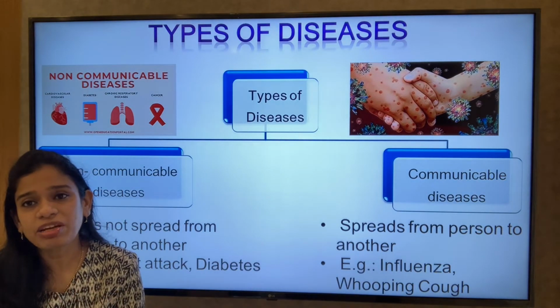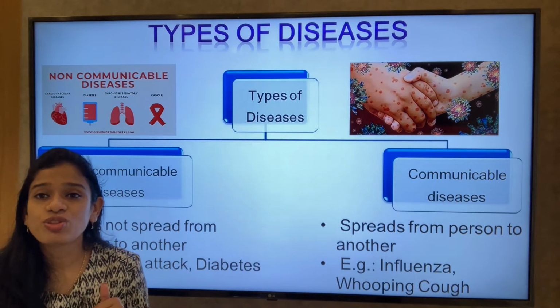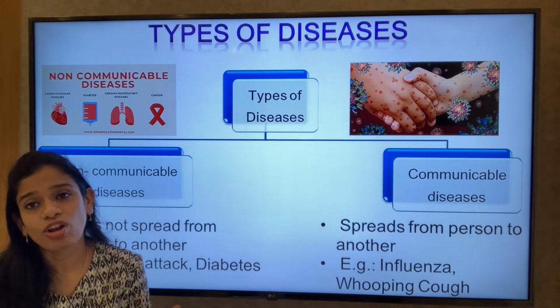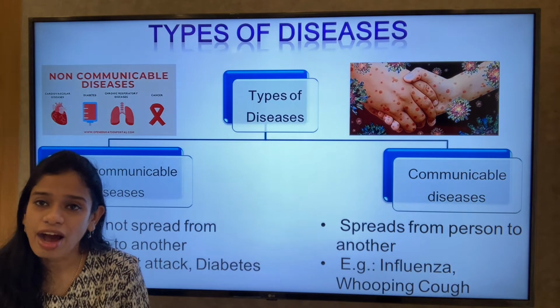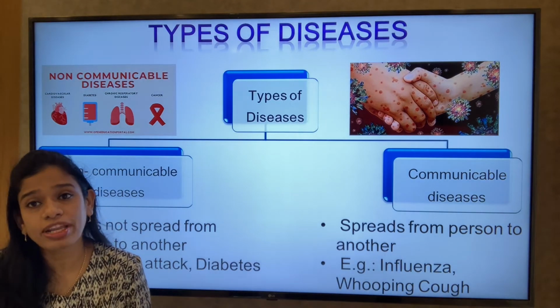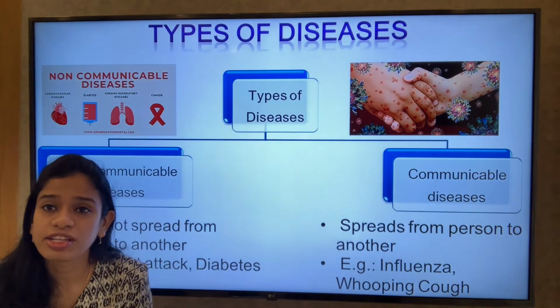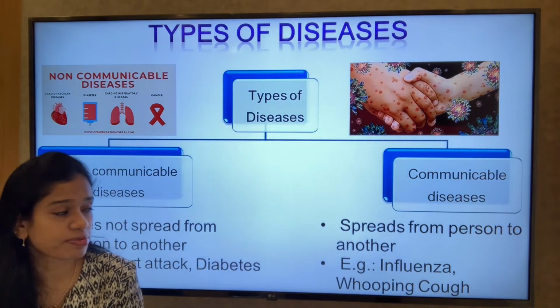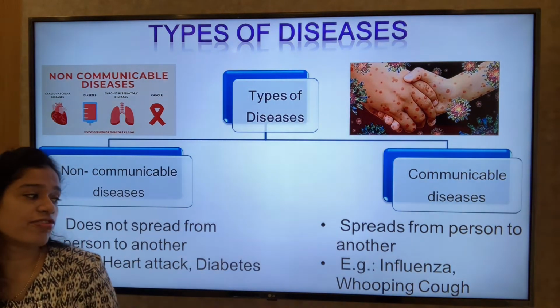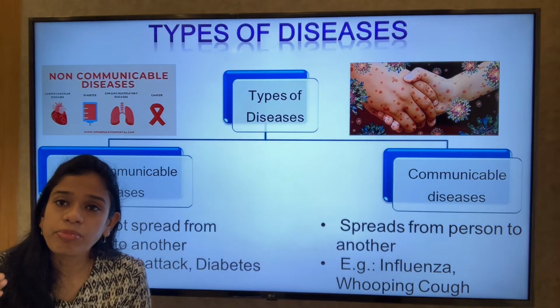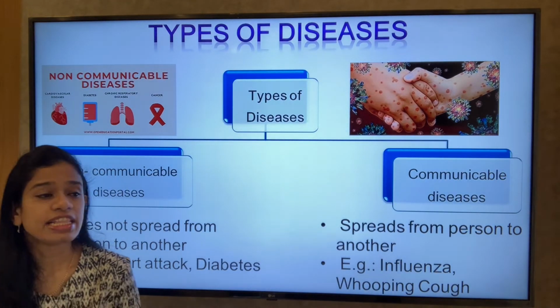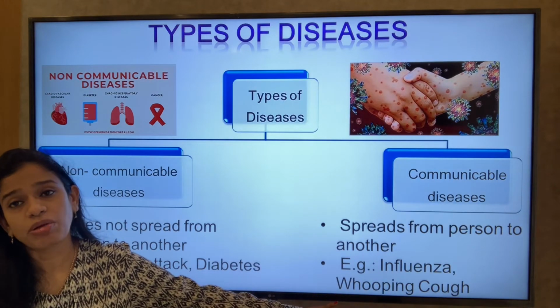But communicable diseases are those diseases which we must take a lot of care of, because they not only harm us, but if we are not careful, they can affect another person who is very close to us. For example, influenza and whooping cough: whenever we cough, whenever we come in contact with any other person, they tend to spread from one person to another.